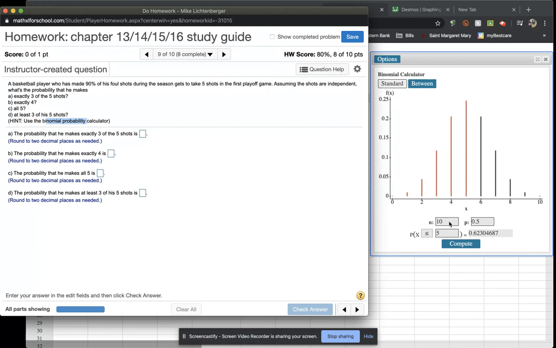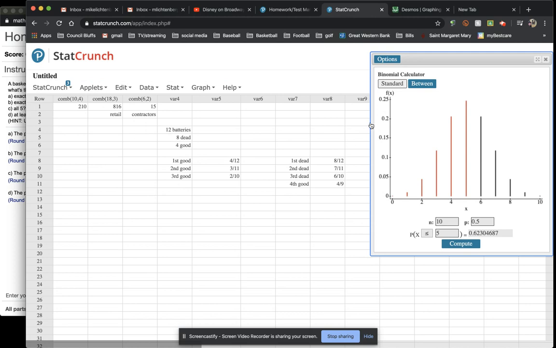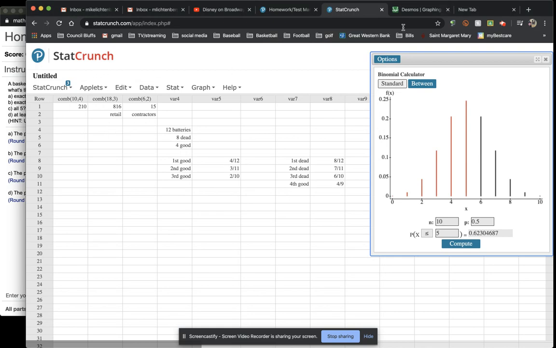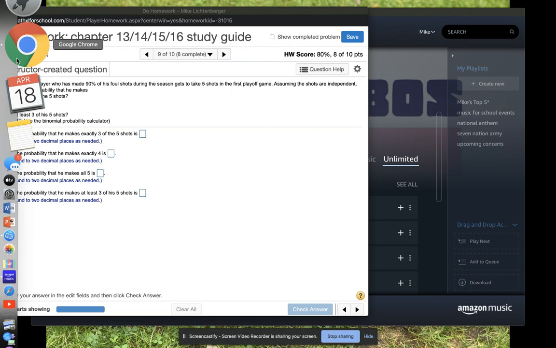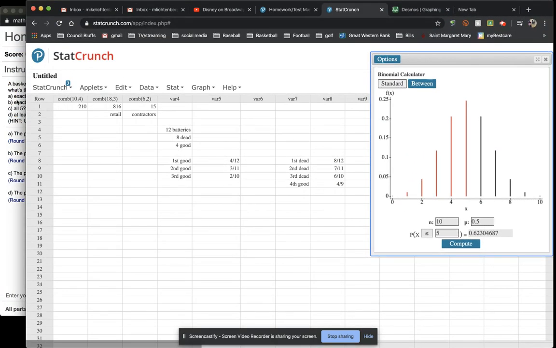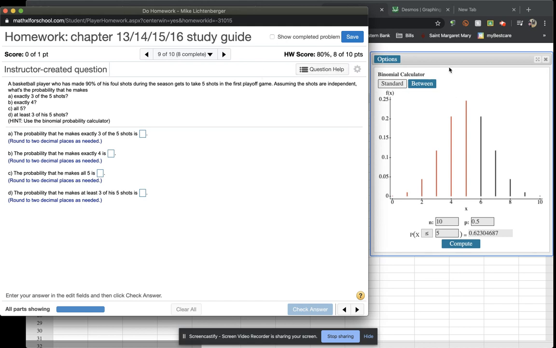So the n value here, that's the sample size. In this case, it's how many shots he's taking.